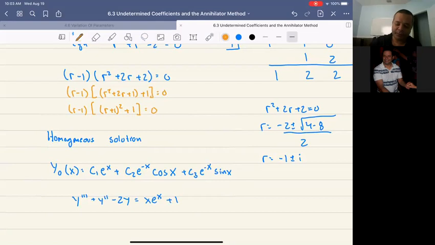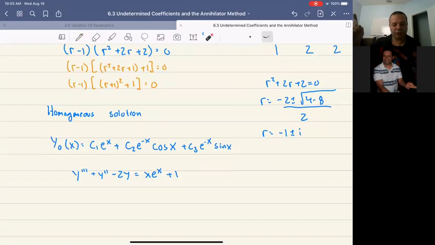So this piece here is what's accounting for the cosine and sine, right? The r plus 1 is the e to the negative x, and this plus 1 is the cosine x, sine x.